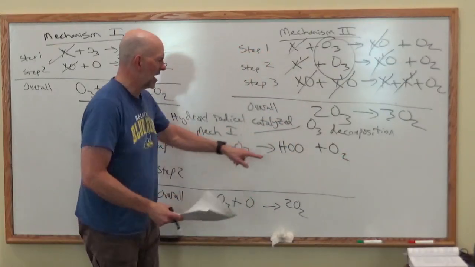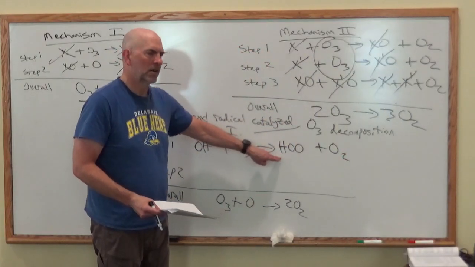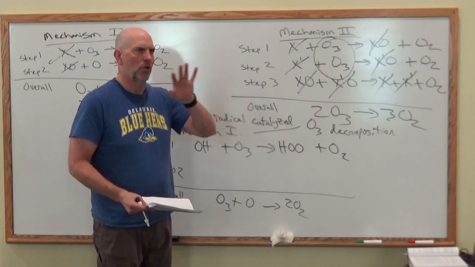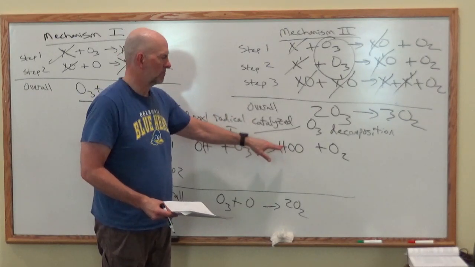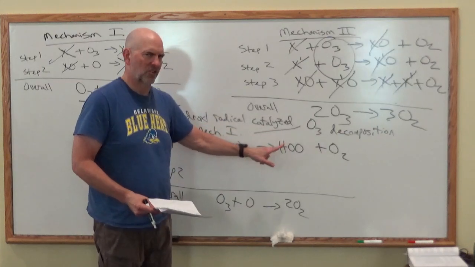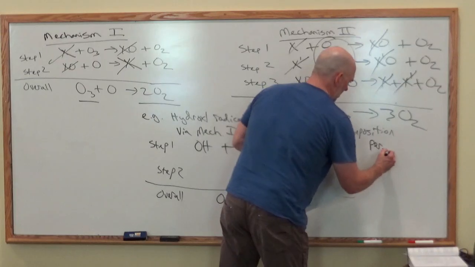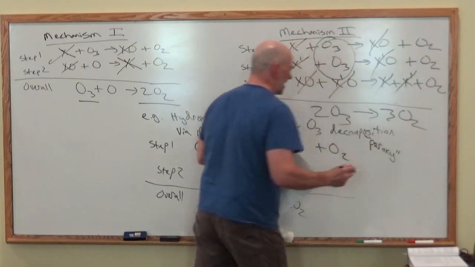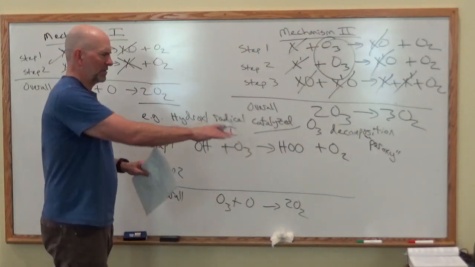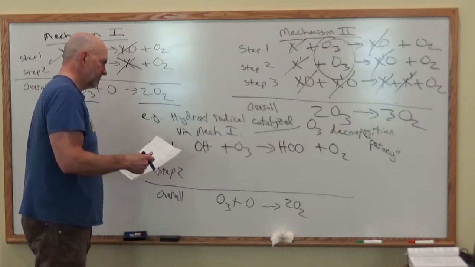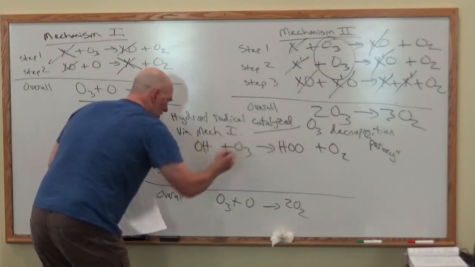I think this is called a peroxy free radical, because peroxide is H2O2, so this is just HO2. I think that's what that's called. If you want to look that up, I think that's a peroxy free radical. Look that up in the book. I'm not going to turn pages now. And then that comes down here.